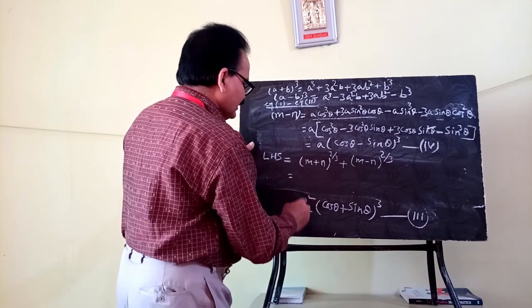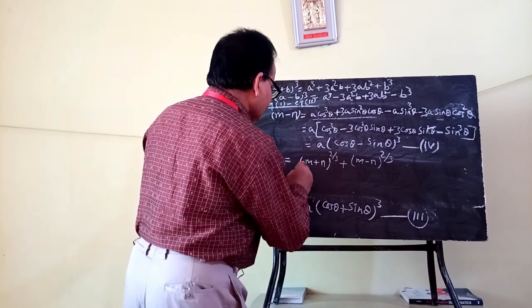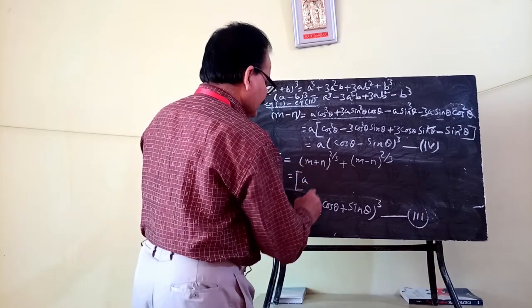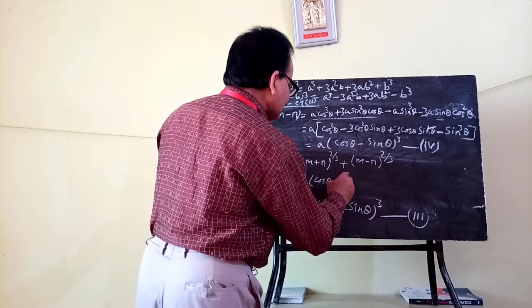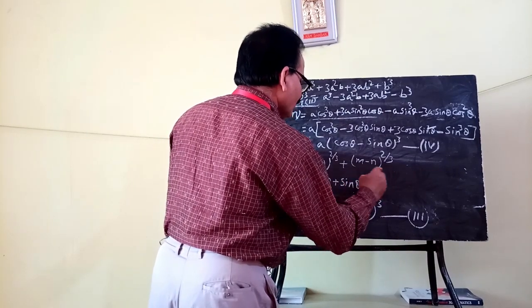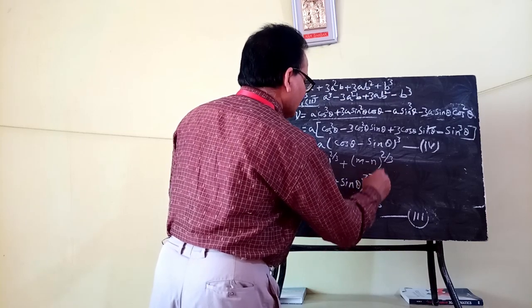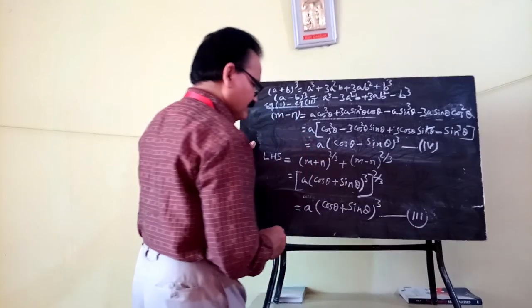So you write the value as m plus n. Here a, keep a big bracket, a small bracket cos theta plus sin theta whole cube, then big bracket close, in the outside the power is 2 by 3.